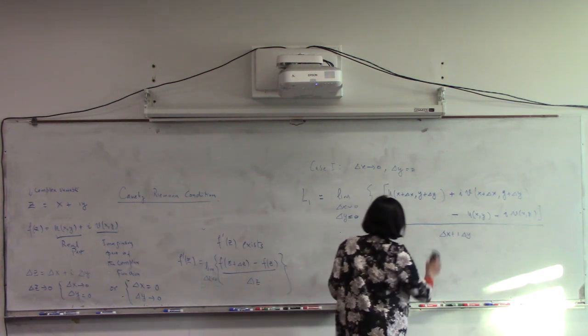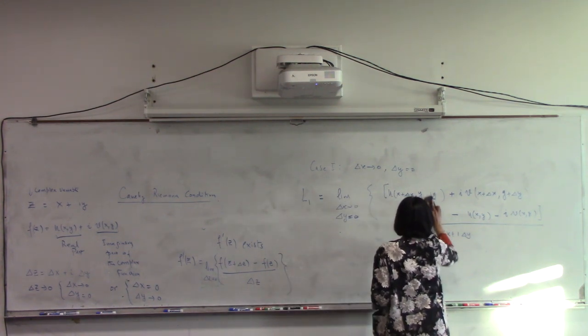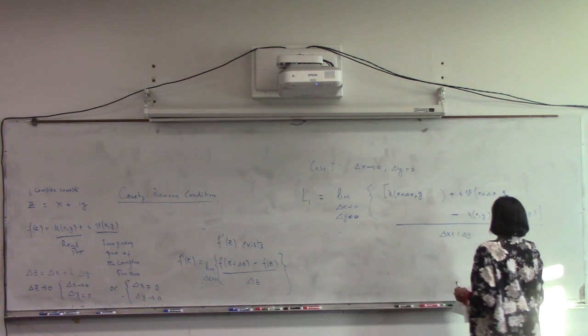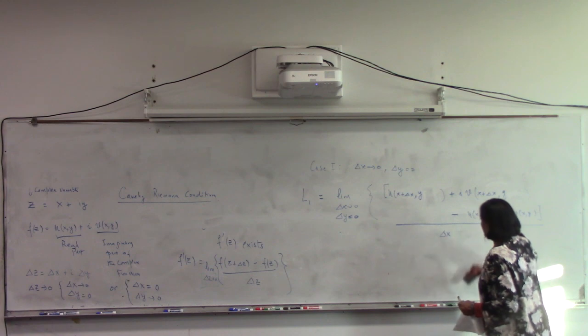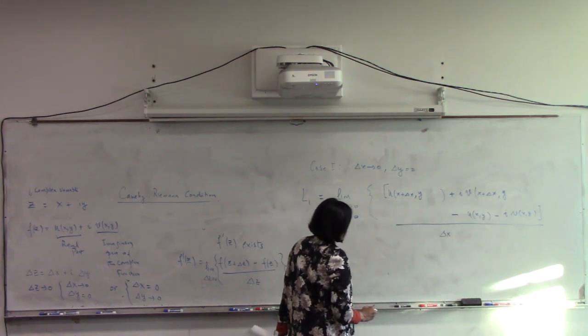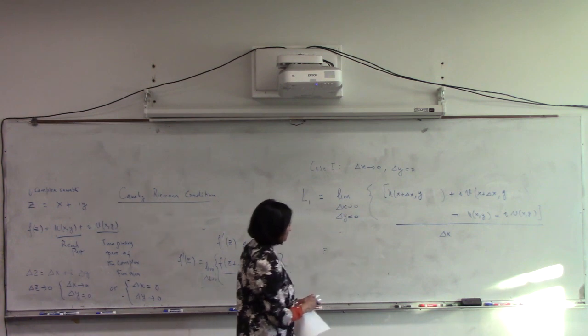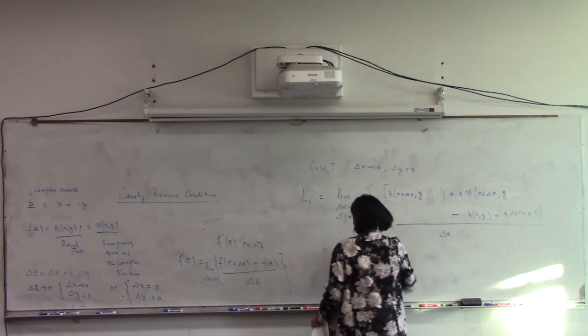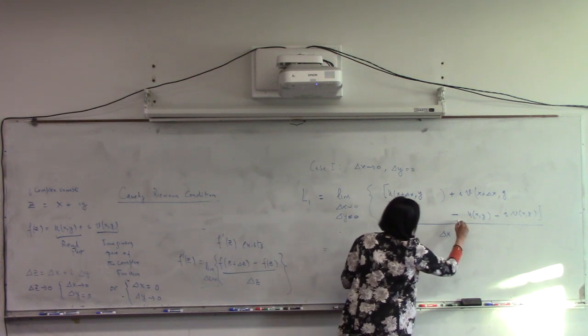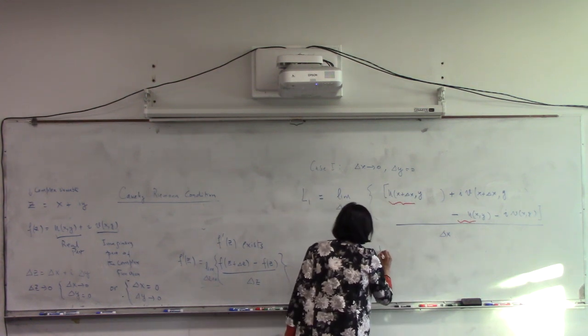When I put delta y equal to 0, this is 0. So this limit is then what? If I combine this term with that term, what is that?